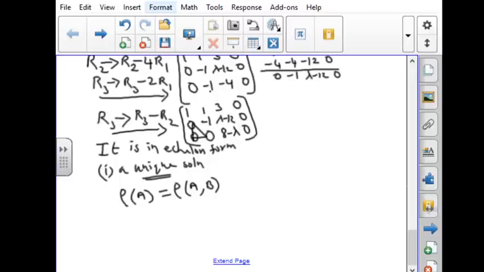So when lambda is not equal to 8, we have a number here. Therefore, rank of A equal to rank of A comma B will be equal to 3. So when lambda is not equal to 8, we get a unique solution.